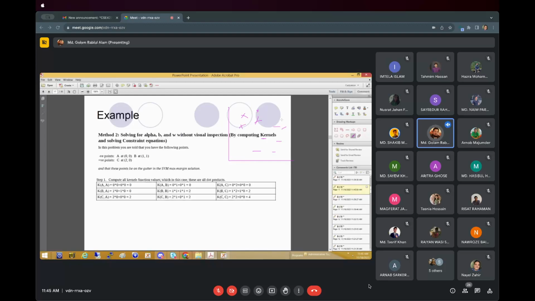Now what we have to do, at first, is think about our support vectors. So on that case, we have to think about whether we can draw our hyperplane this way, or we can also draw in another way, maybe by this way.